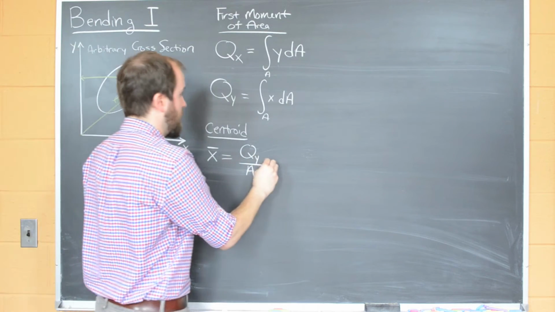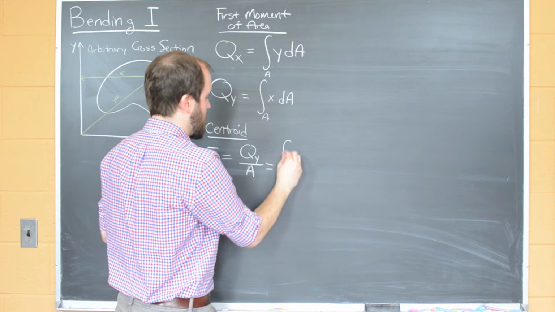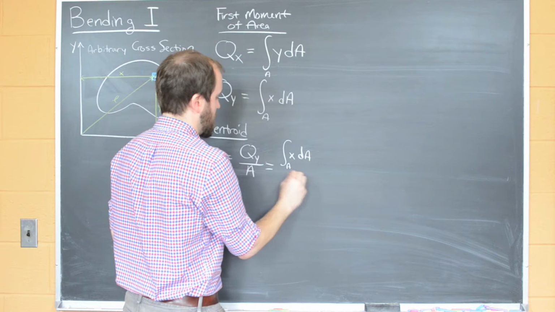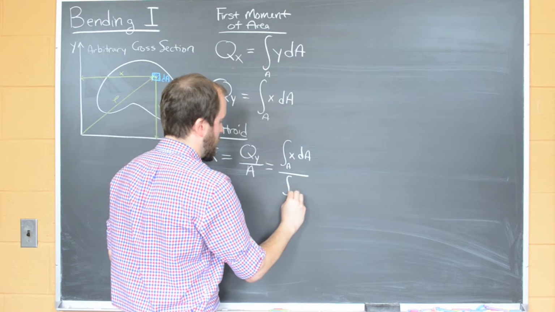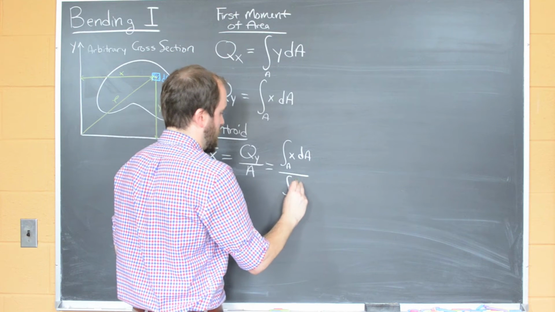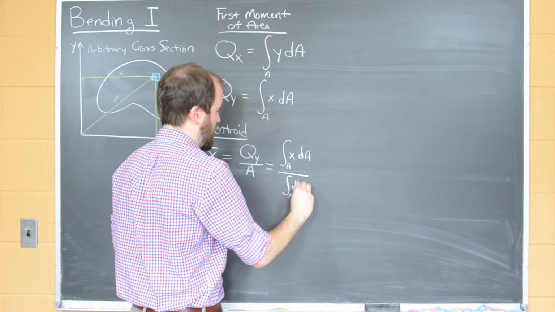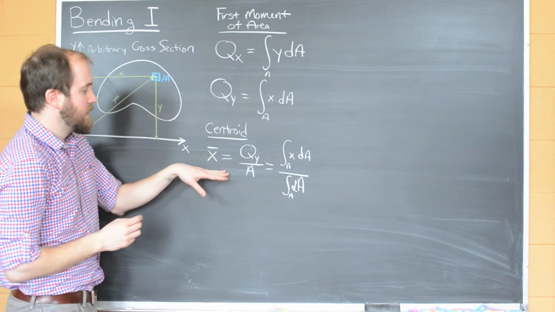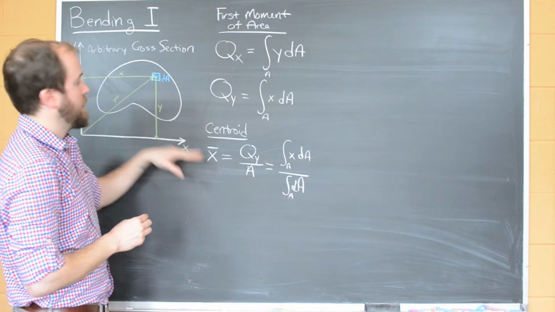And so what this looks like from our definition up here is an integral of x dA over simply the total area. So in this case, this would be the average x position of the area.